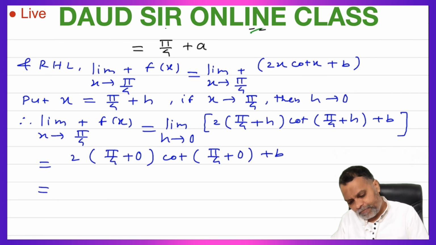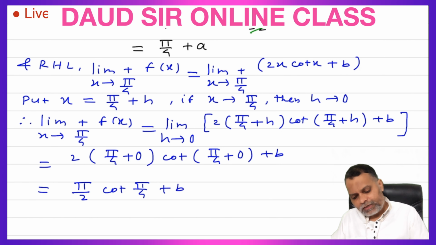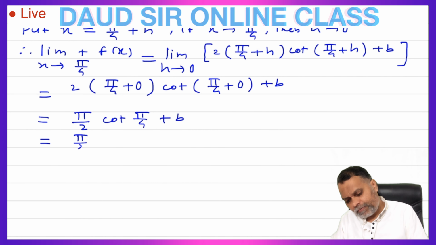Simplify this. This is pi by 2 cot pi by 4 plus b. The value of cot pi by 4, or 45 degree, is 1. Pi by 2 into 1 plus b, which is equal to pi by 2 plus b.